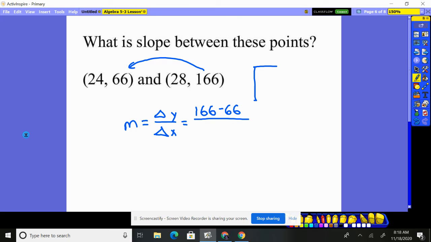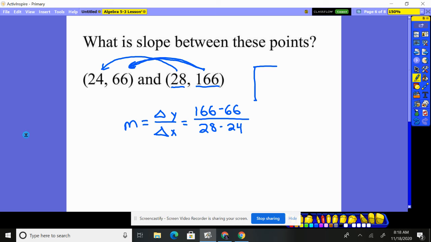Divided by, now I need to subtract my X's. Does the order matter here? Yes. Because you went from this point to that point, you were subtracting that direction, you must start with 28 minus the 24. You cannot switch. If you switch it, you're going to get the wrong direction. So since we started with this 166, when we do the X's, we have to start with that X. A lot of people say, oh, Y sub 1 minus Y sub 2 over X sub 1 minus X sub 2. That's all it's referring to.